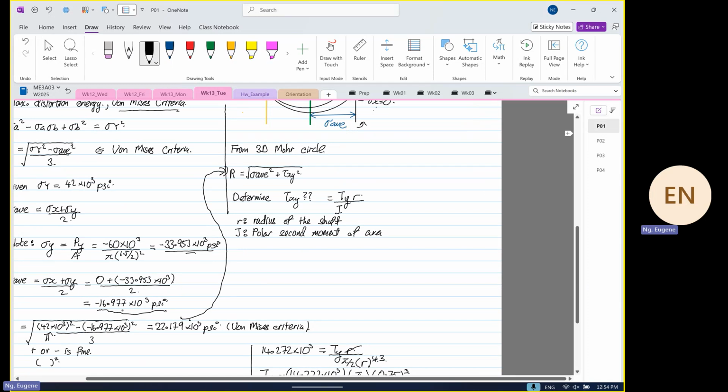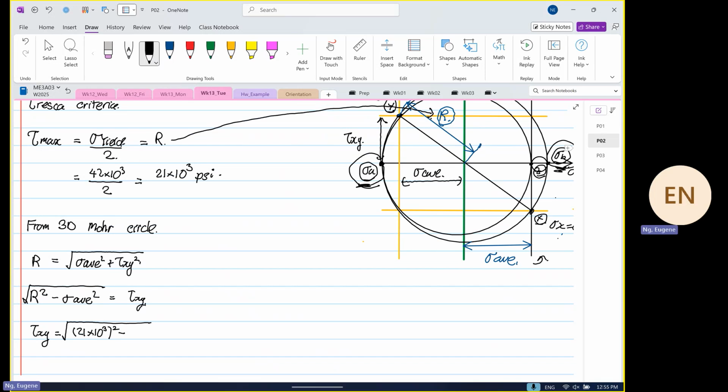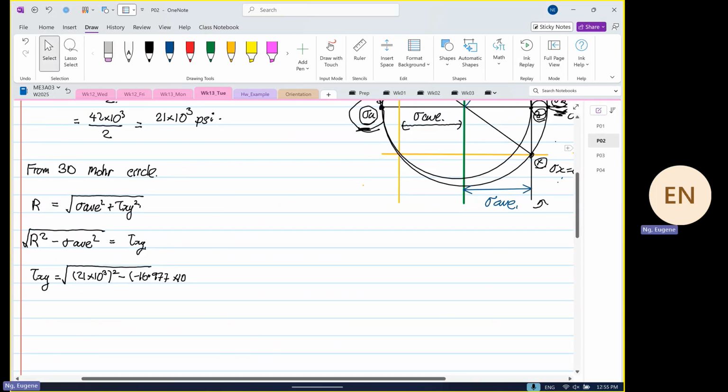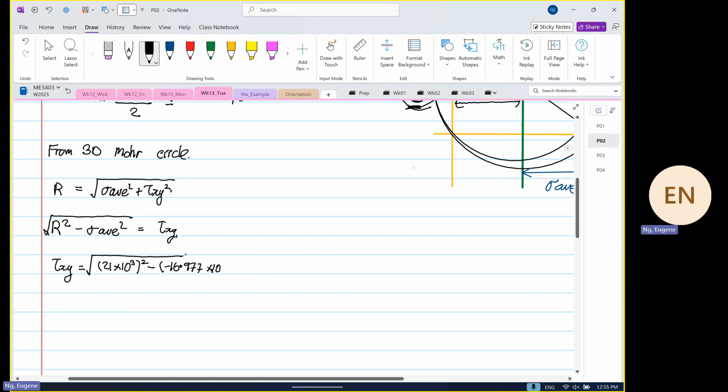It's equal to minus 16.977 times 10 to the power 3, squared.